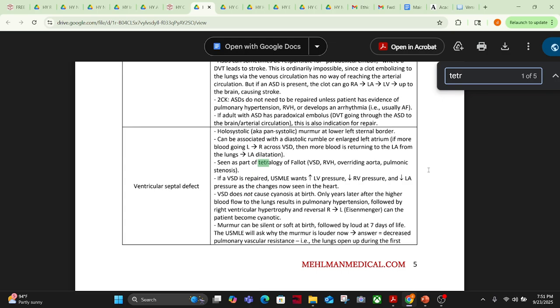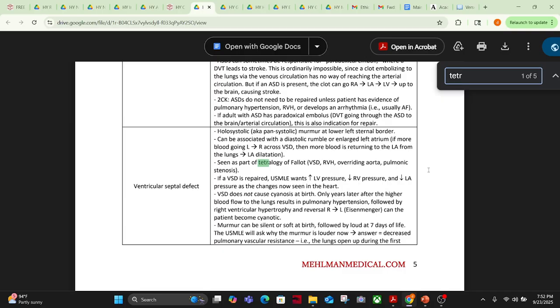So to recap, in tetralogy of Fallot, there's going to be increased right ventricular pressure, decreased pulmonary artery pressure, and decreased left atrial pressure.